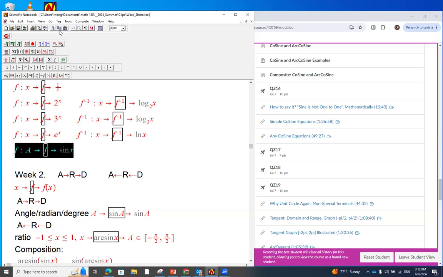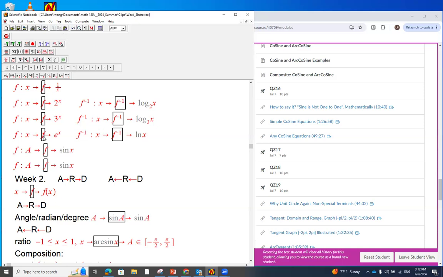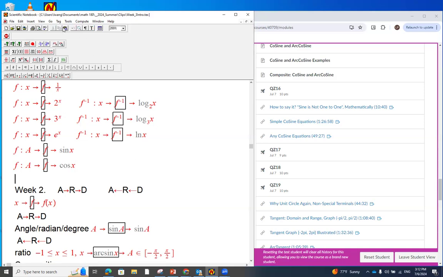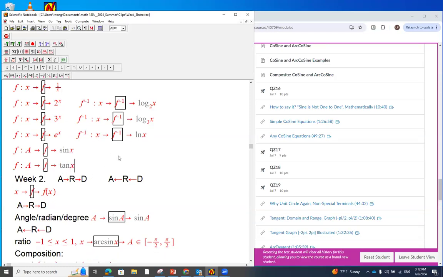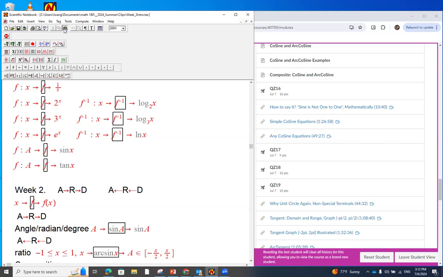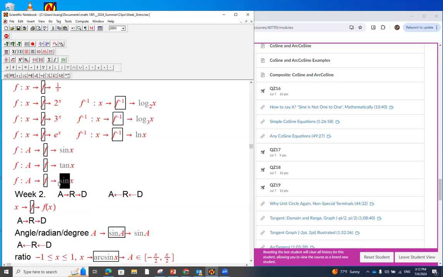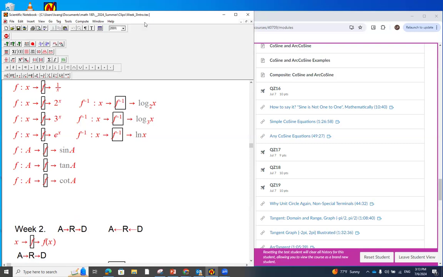On this, we continued through week 2 and week 3, where it can be cosine, tangent, arctangent, cotangent. I use A just to indicate the same role as x, which is the input.